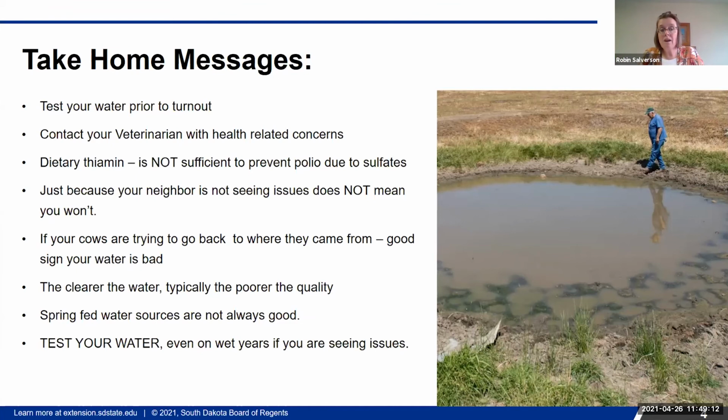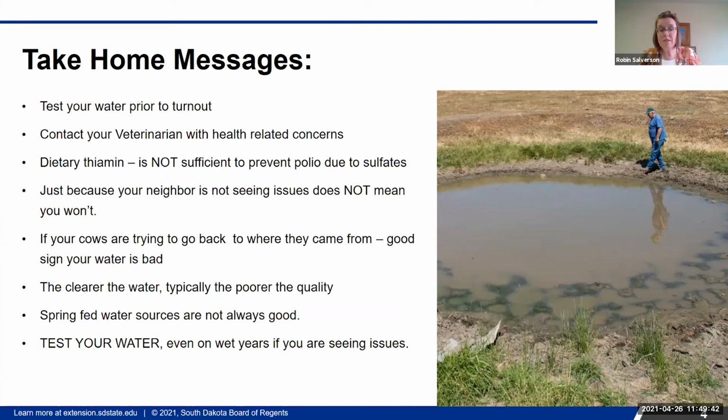However, the neighbor is not seeing any issues, but you could see issues because maybe your cattle just came off of well water and that TDS was only 1,000. And then you put them on this creek that was 4,000. You could definitely see some health-related issues, like I said, diarrhea, poor productivity, and maybe even polio.